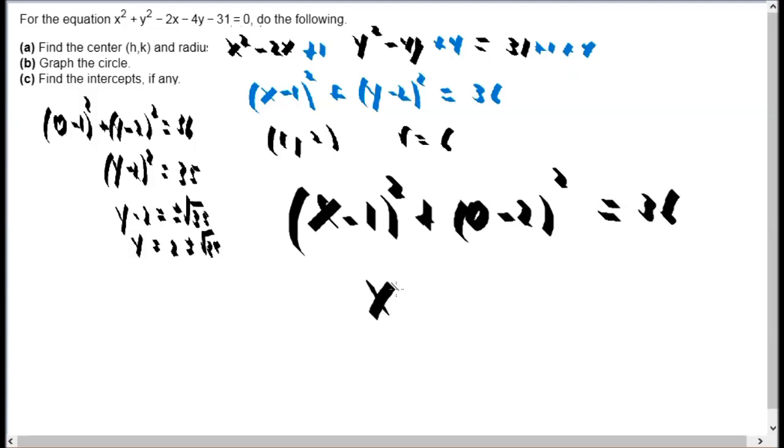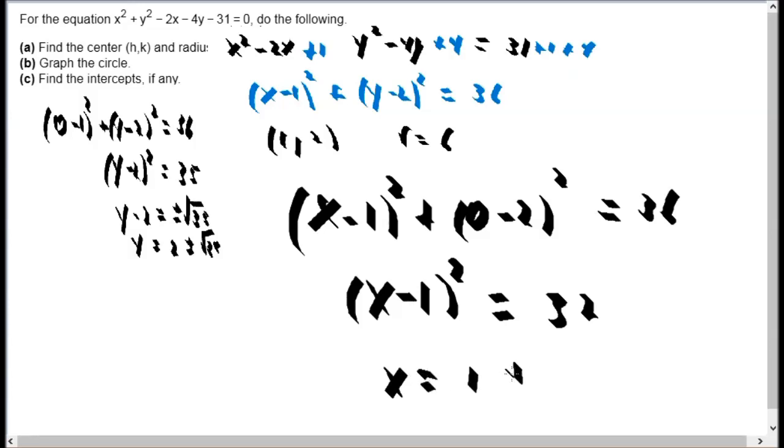So then we'll get x minus 1 squared, minus 2 squared is 4. Take that away from both sides, you get 32 over here. And then x is equal to 1 plus and minus the square root of 32. Same way we did it last time. Okay, that should be enough to help you.